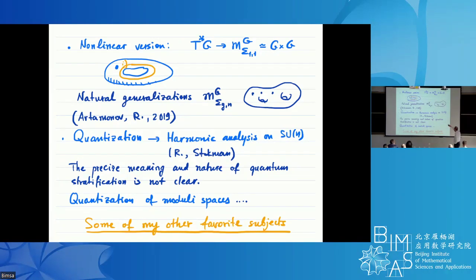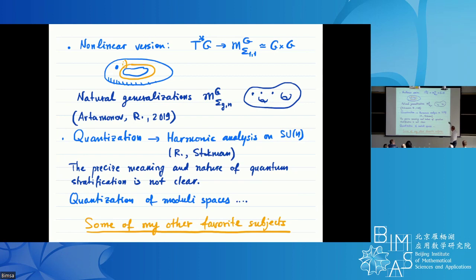So then there is a nonlinear version. You can replace the cotangent bundle to G by the moduli space of flat connections on a torus with one puncture. On such a torus, you have two cycles, let's say the A and B cycles. If there is no puncture, there is a condition that the group commutator is 1.